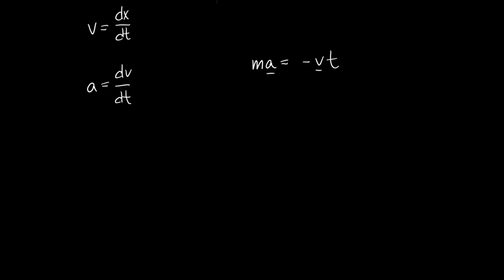Well, there's nothing I can replace for v that would introduce a, but there is something I can replace a with that would introduce v. I have replaced a with its differential function, which creates, at that moment, a differential equation.